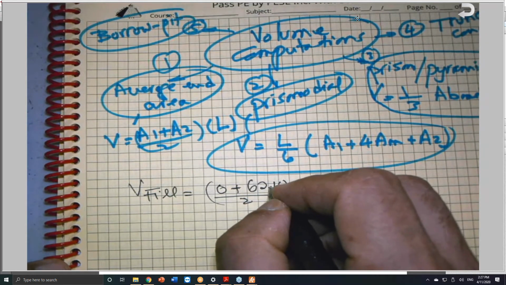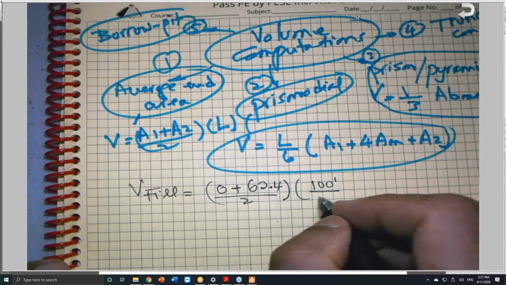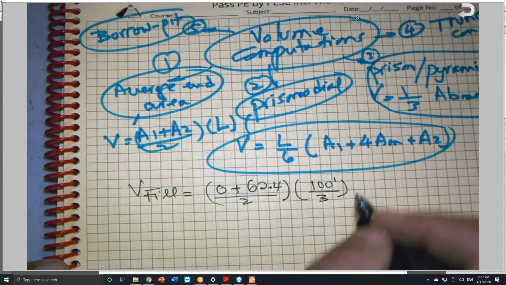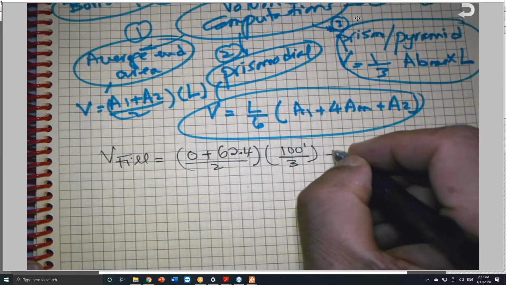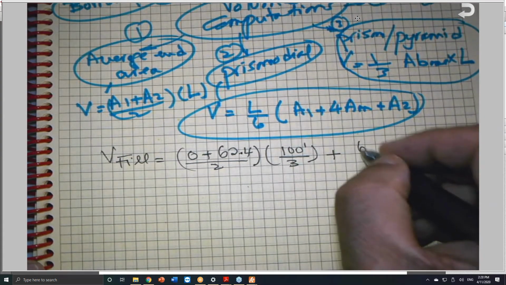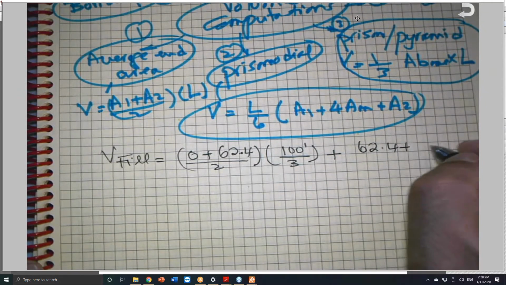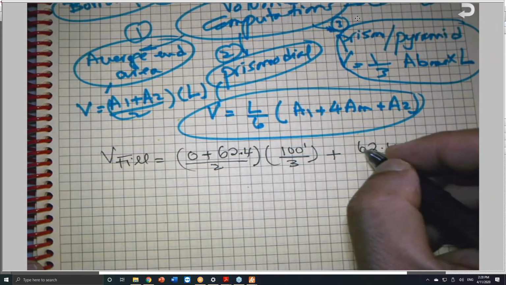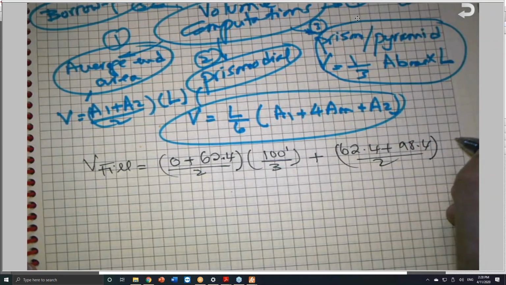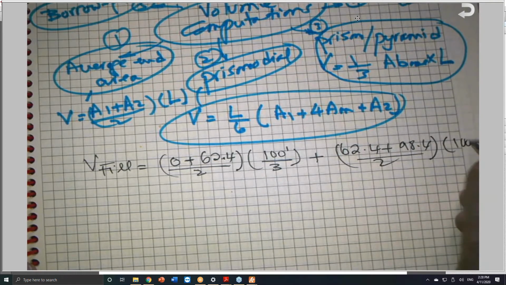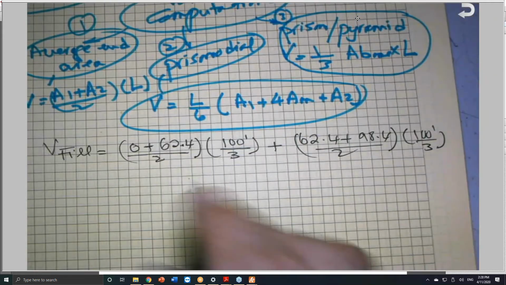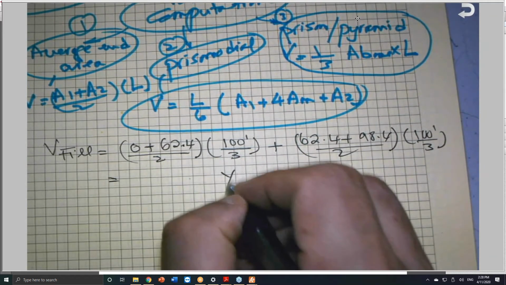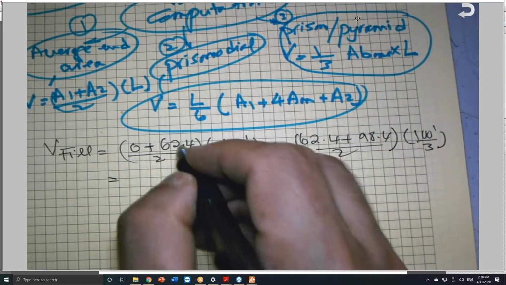Remember, this is square feet, so I have to divide by 27 here to convert it to cubic yards, plus the second one, which is 64.2 plus 98.4 divided by 2, times 100 feet, divided by 27. This is the volume of the fill. In this case, it will come out in cubic yards.